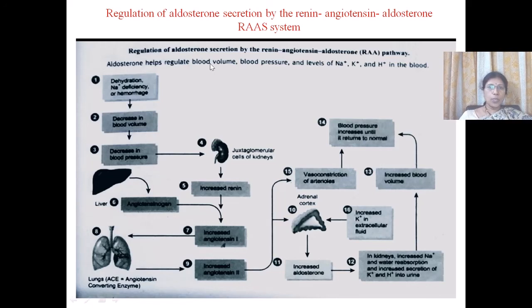When blood volume increases and blood pressure increases, atrial natriuretic factor is released by the heart. So this atrial natriuretic factor opposes the RAS. RAS is the renin angiotensin aldosterone system.